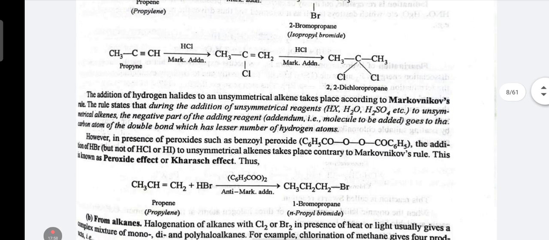The addition of hydrogen halide to an unsymmetrical alkene takes place according to Markovnikov's rule.